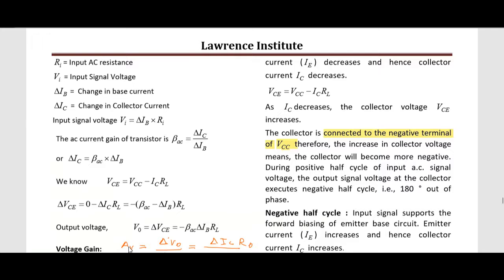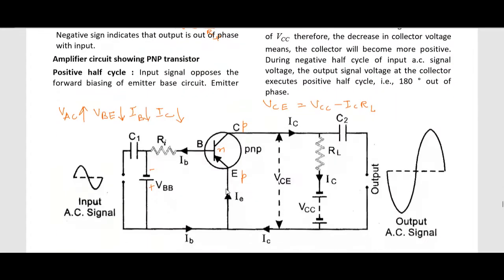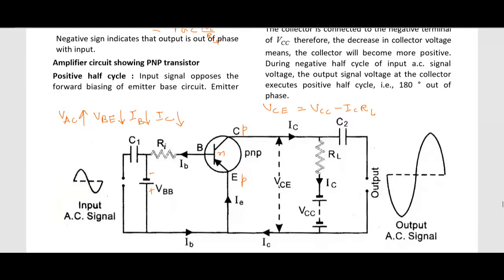Now, we were discussing this part. IC decreases. If IC decreases, it means this VCE increases. Now, VCE is connected with negative of this. It means negative voltage increases. So this negative voltage increases like this.